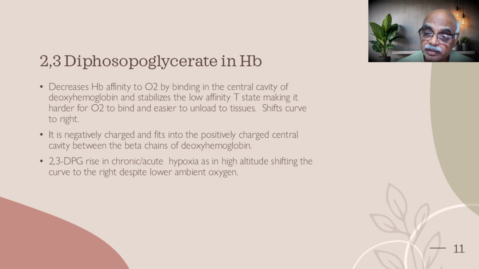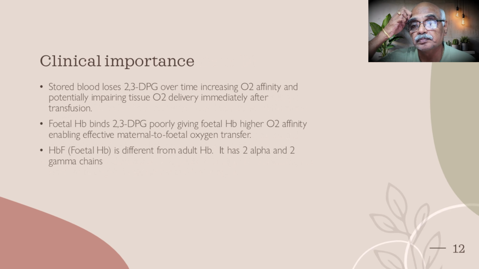Physiologically, the climbers get acclimatized to heights due to the presence of an increased amount of 2,3-diphosphoglycerate, which pushes the oxygen dissociation curve to the right. So the hemoglobin readily gives up oxygen even though the ambient oxygen level is considerably low at altitudes.